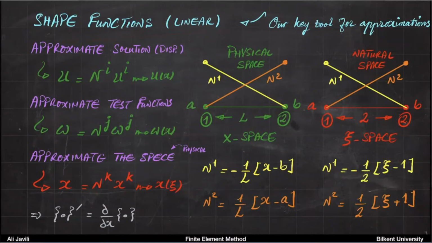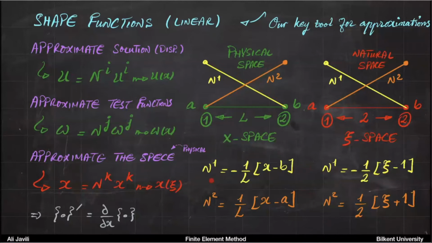So the next topic is the shape functions. As I mentioned, for now, we use linear approximations for simplicity, and it makes sense. Now, this is our key tool for approximations. In the physical space, the x space, if you write the shape functions, they would look like this.